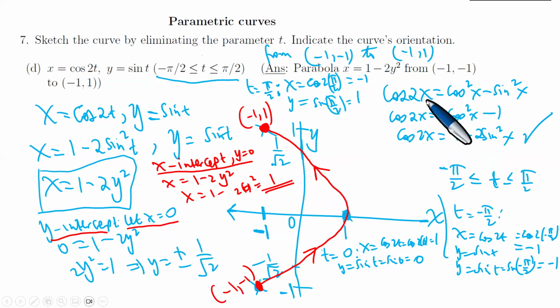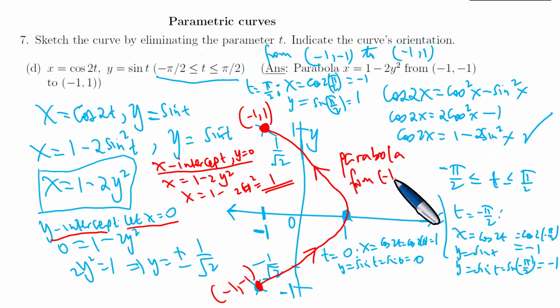If you look at the orientation of it, the description is, once again, we have a parabola from -1, -1 to -1, 1.